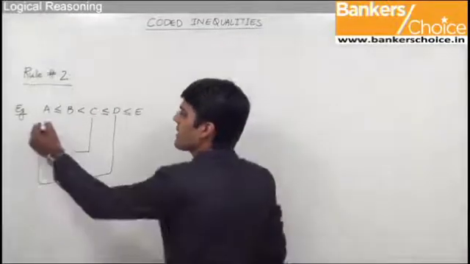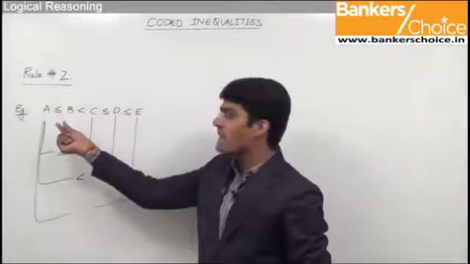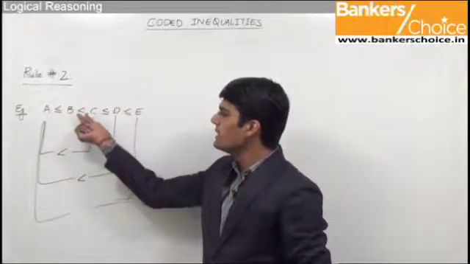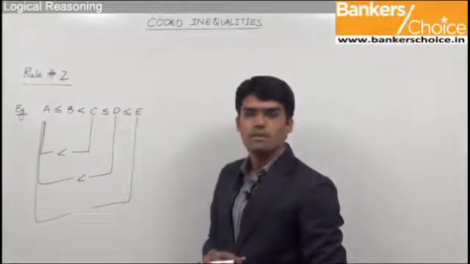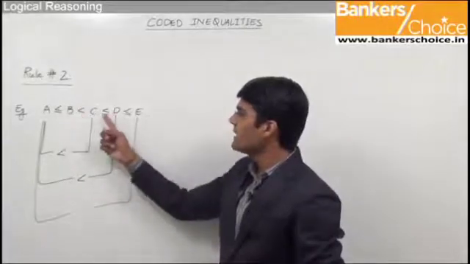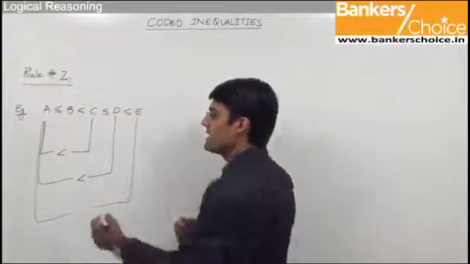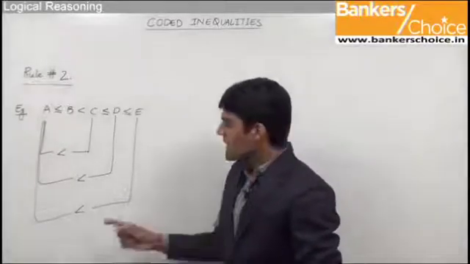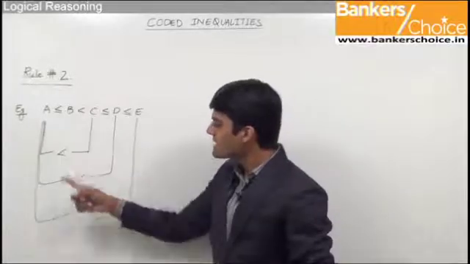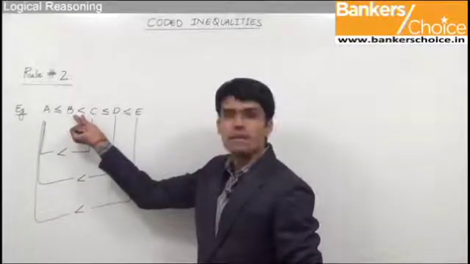Again, if we try to compare the variables A and E here, the different types of inequalities we have are A less than equal to B, less than C, less than equal to D and less than equal to E. So out of all these different inequalities, again the common part in each one of them is less than. So we can say that A is less than E. Remember, again we cannot take the relationship as A less than or equal to E, because here we don't have the equality part.